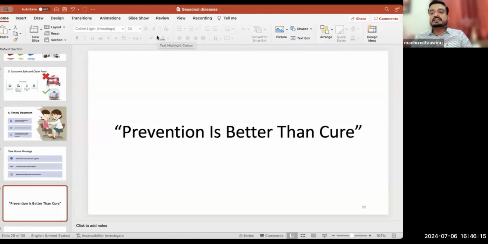Okay, so these are the people who are at risk for more respiratory infections. People who have allergies and asthma end up in a more severe condition than others for the same disease.